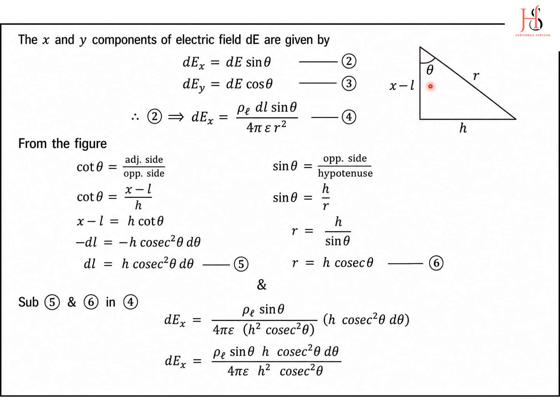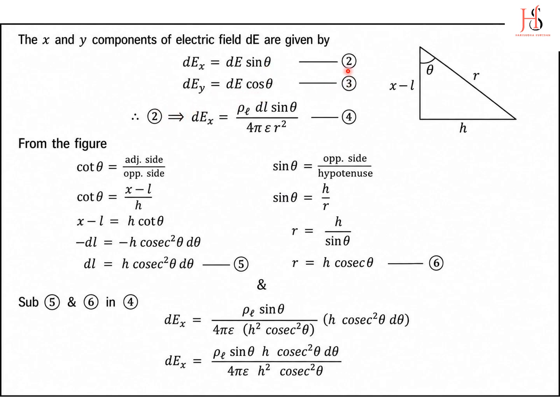Now let us take that small triangle alone, where the theta comes. We are going to find the xy components of the electric field with respect to dE, given by dEx is equal to dE sin theta, and similarly dEy can be written as dE cos theta.